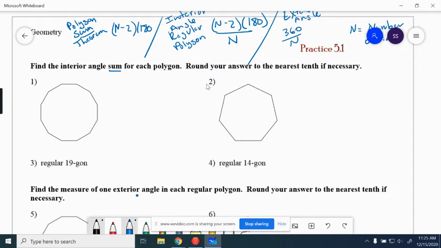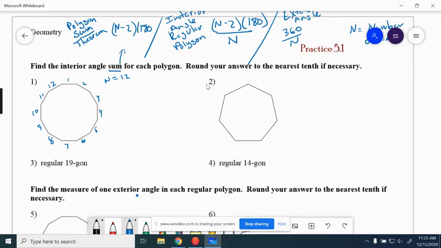Okay, so let's count the sides. We got 1, 2, 3, 4, 5, 6, 7, 8, 9, 10, 11, and 12. Okay, there's 12 sides. So my n is equal to 12.